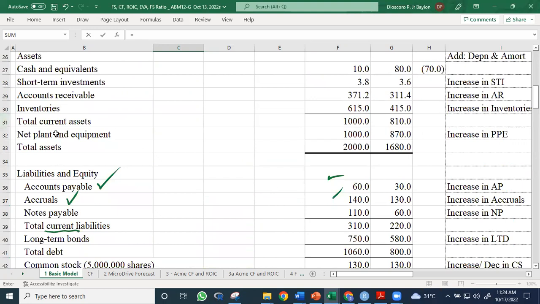If you're given the plant and equipment at cost, you will have to get the net plant and equipment, because you will also be given the accumulated depreciation.